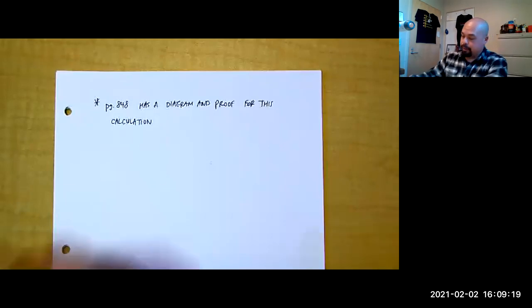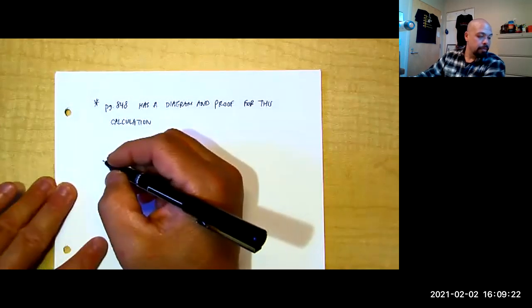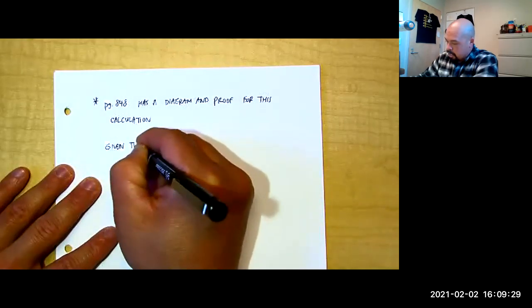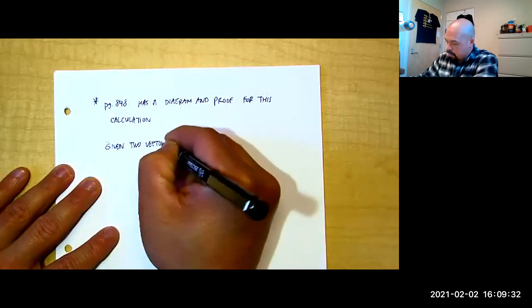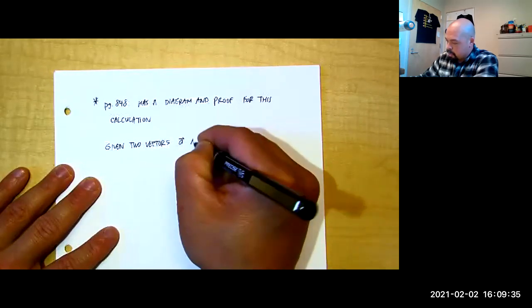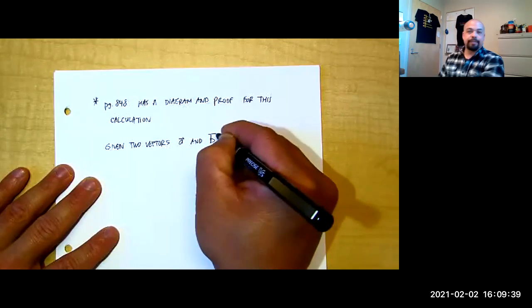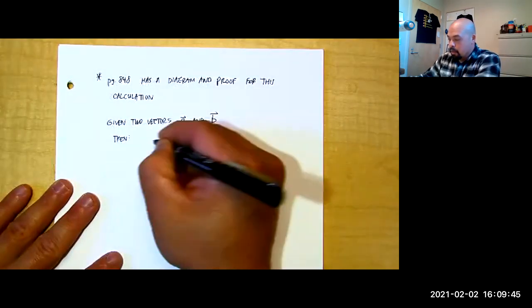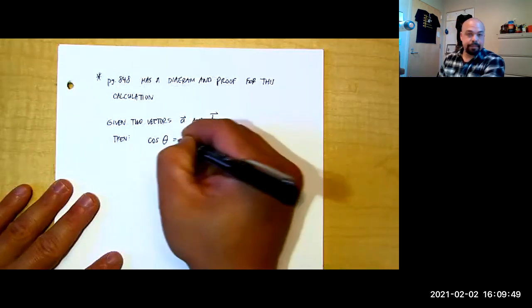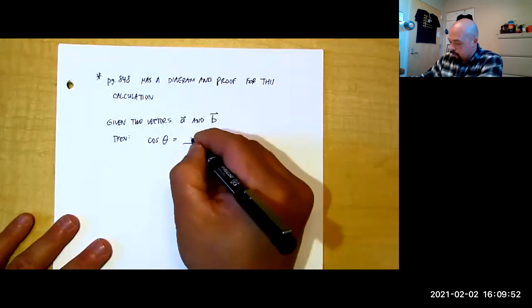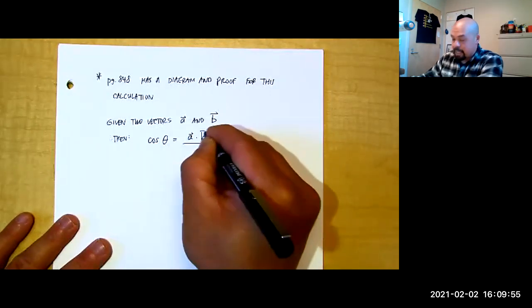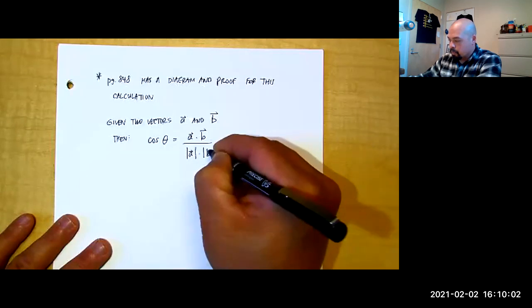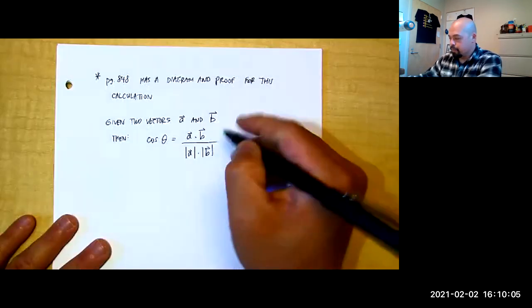But given these two vectors, A and B, generic vectors to start, then the cosine of the angle between them is equal to that vector A dotted with B, that dot product, divided by the product of their magnitudes.